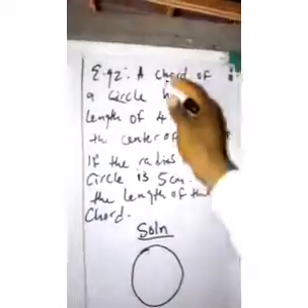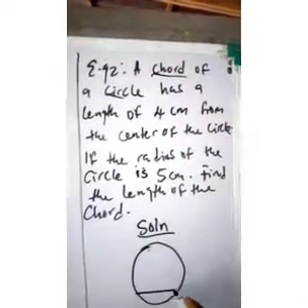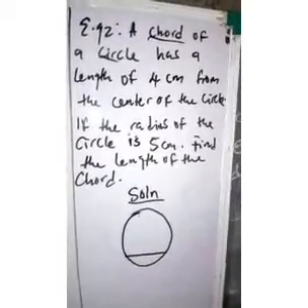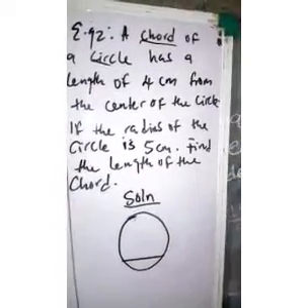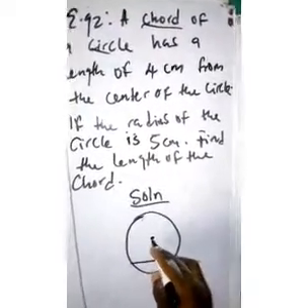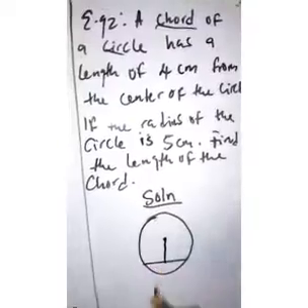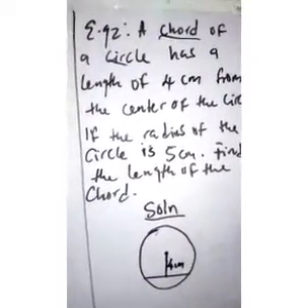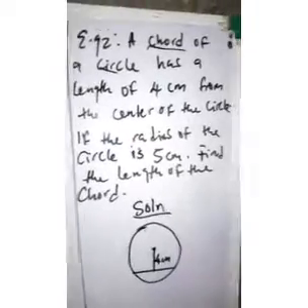A chord, you heard chord, cut your circle into 2. Now a chord of a circle has length of 4 cm from the center. Point your center. From there, come down to that chord perpendicularly. That is that 4 cm they are talking about, from the center.